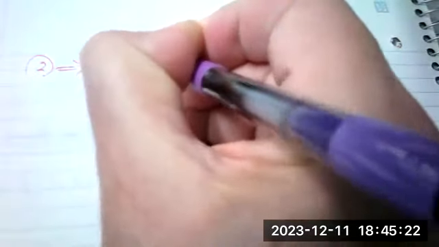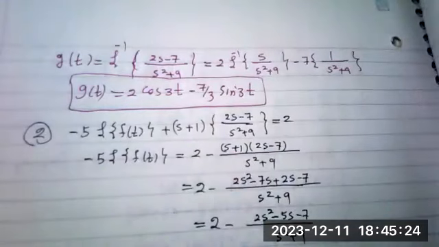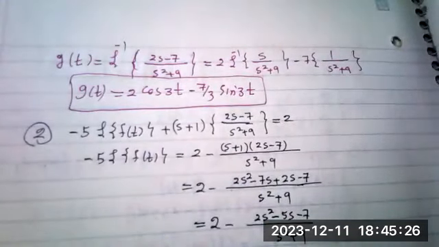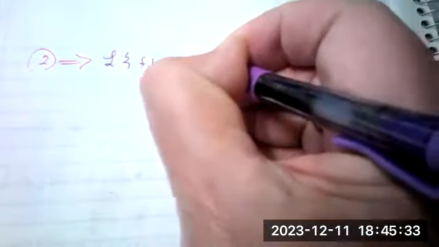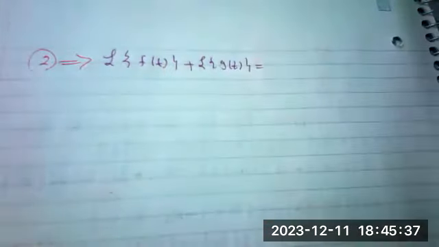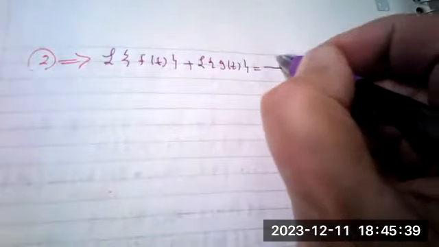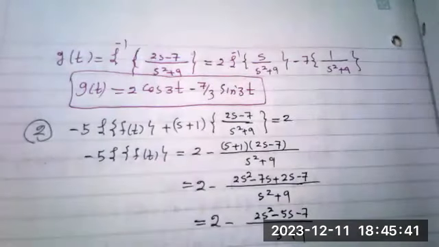You have a Laplace of f of t. Okay, this is what we end up with here: the Laplace of f of t plus the Laplace of g of t equals 1/(s-1) squared.